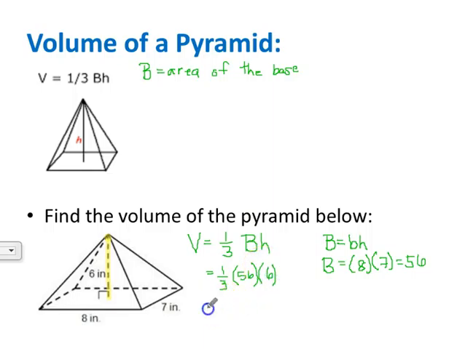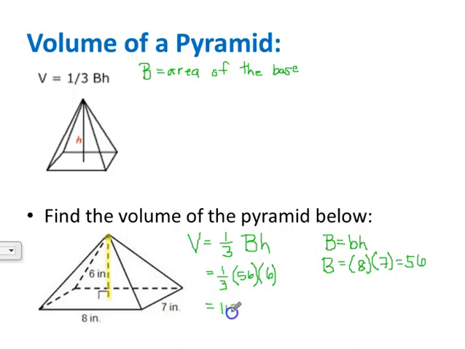To plug this in your calculator, what I like to do is multiply 56 times 6 first, and I get 336. And then I like to divide it by 3. So that's one way you can do it. Another way is to put 1/3 in parentheses, 56 in parentheses, and 6 in parentheses, and multiply them all together.